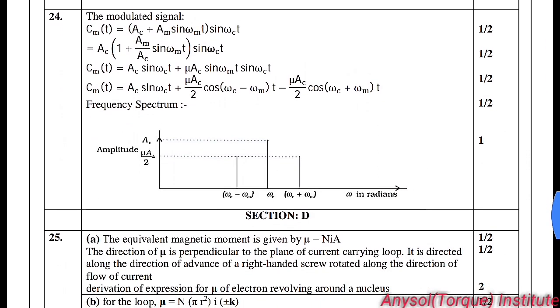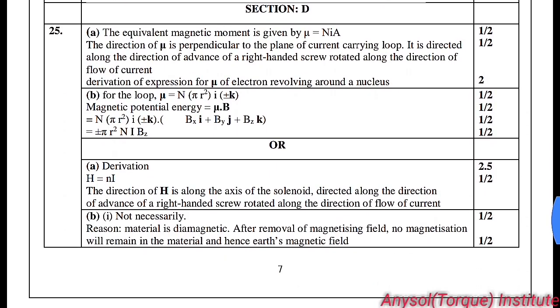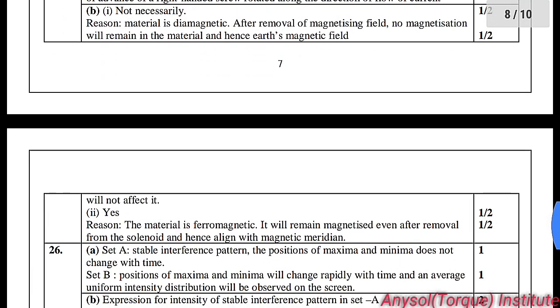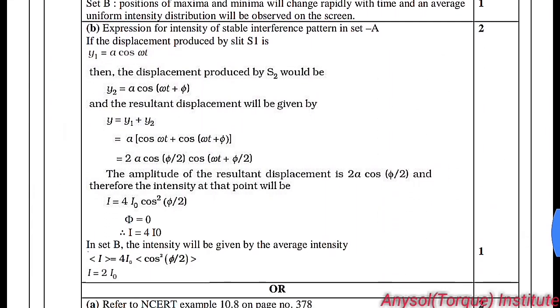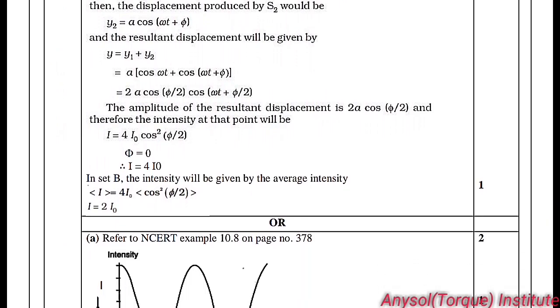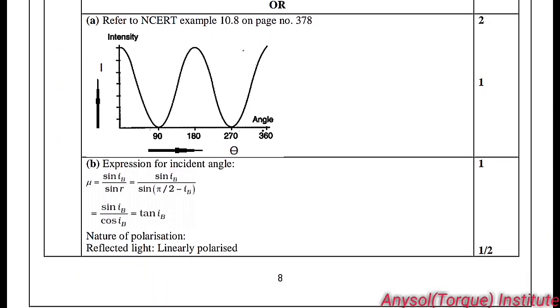You will get many things, and you will get PDF file of this question paper also. Okay, go to the description box, you will get the PDF file of this question paper. Okay, and you can just solve the NCERT examples and questions also.